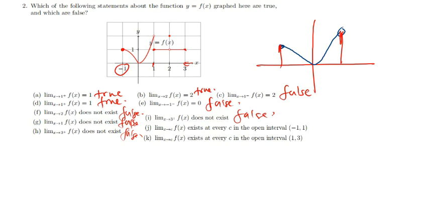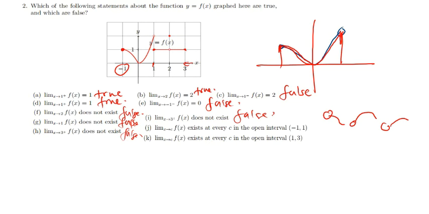Yes, it's true because this is closed. Unless we had something like this, then we could say it is not true. But here we can clearly see that it is just closed from this point going all the way there. So I can pick any point, and this limit is going to exist at that point.